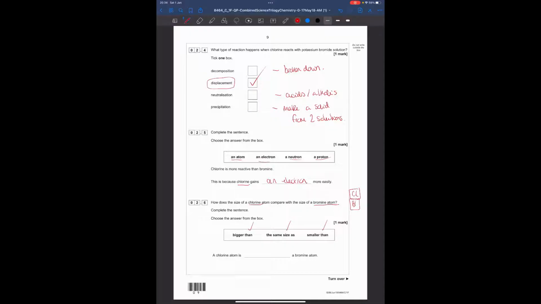So therefore, because it is higher up, and we can see with the numbers that it's got as well, in terms of protons and electrons and neutrons, it is smaller. So we can say a chlorine atom is smaller than a bromine atom.